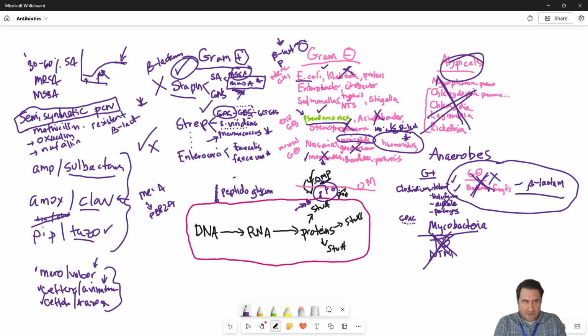Because they're based on penicillin, they have no gram-negative activity. Of course, no atypical coverage, no real anaerobic coverage, and no mycobacterial coverage. So these are very useful for group A strep and MSSA infections and not very helpful for just about anything else. And remember again, with group A strep, does it produce a beta-lactamase?